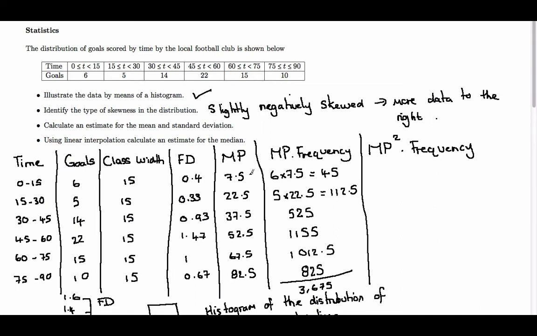So that tells us my midpoint squared, so that's 7.5 squared times 6. So that's going to give me 337.5.